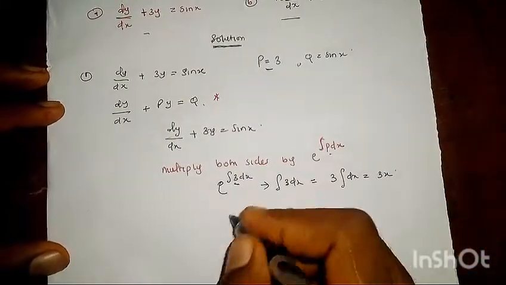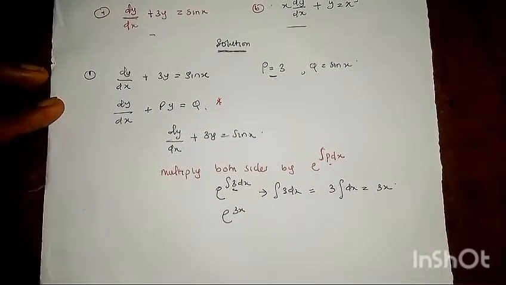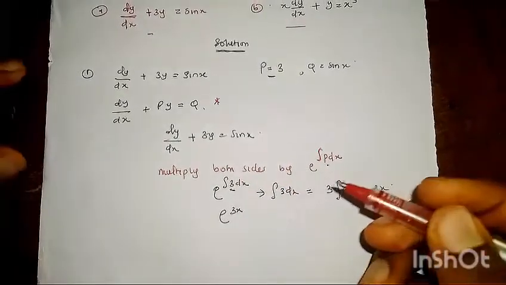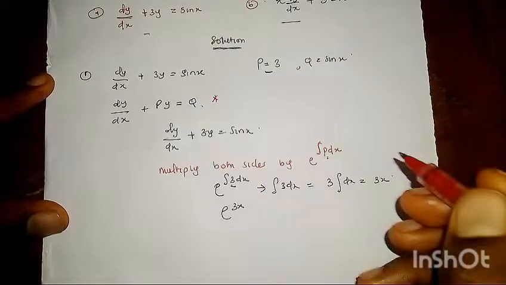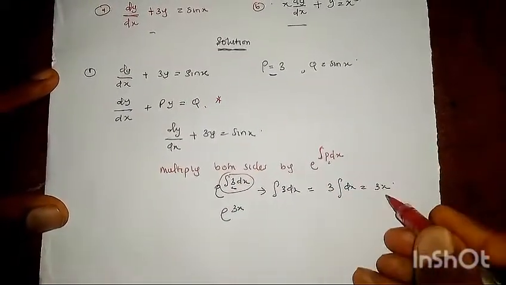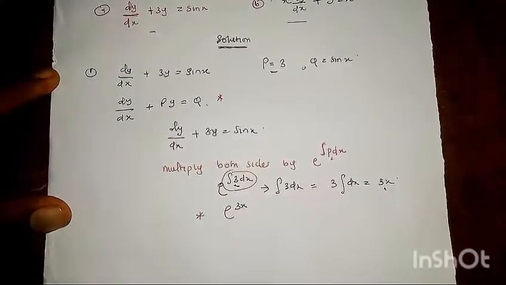So my integrating factor is exponential 3x. Is that understood? Basically, when you identify your p in your integrating factor, you integrate it, then you have your value. Then I can say my integrating factor is exponential 3x.